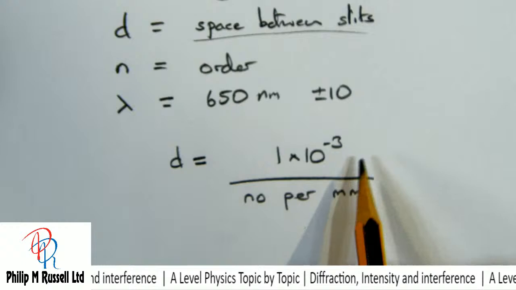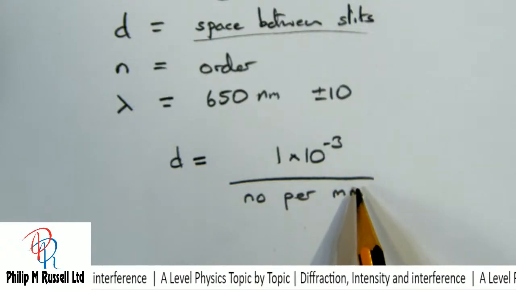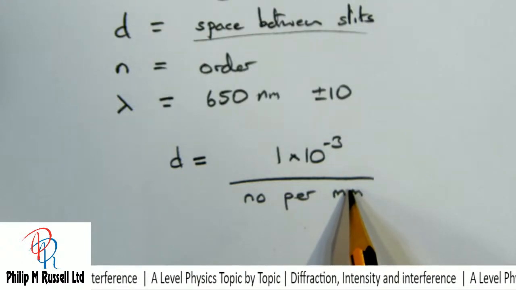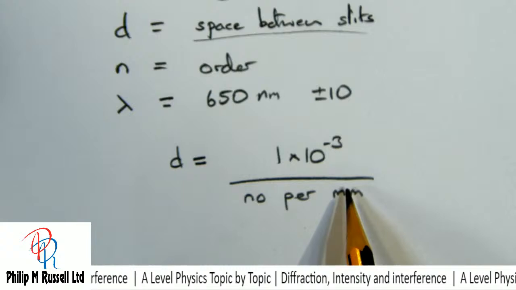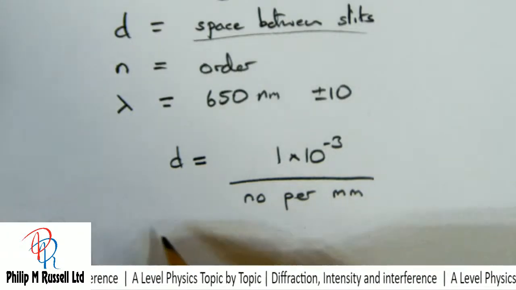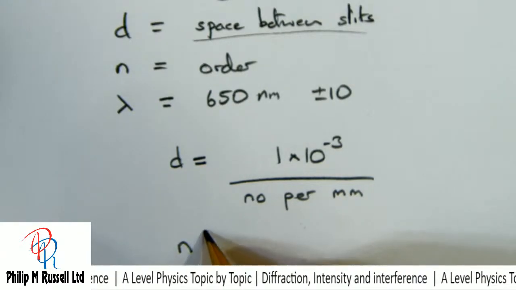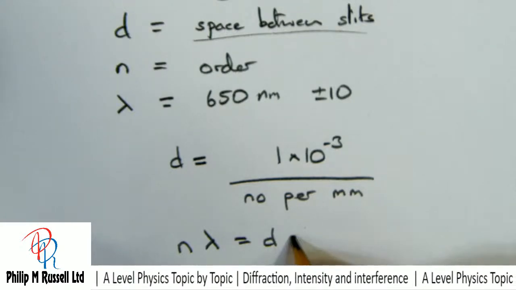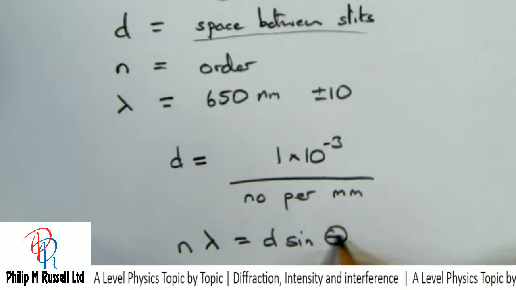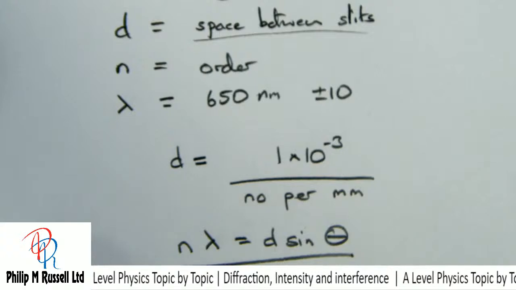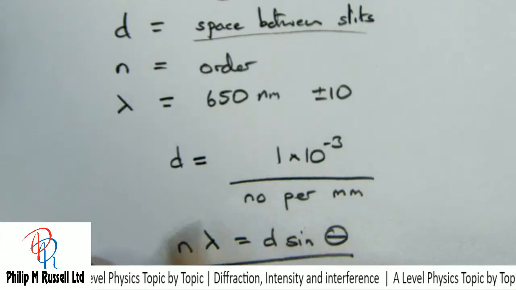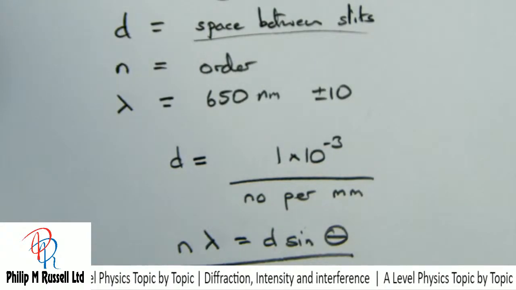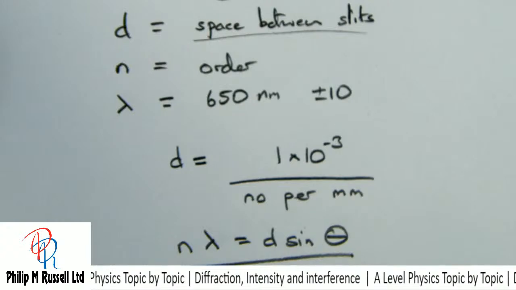And so we can manage to work out D, and I can then work out from my equation, which is n lambda equals d sine theta, all the things that we need to if we don't know one of these.